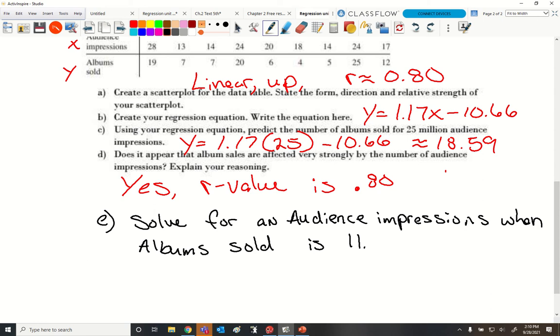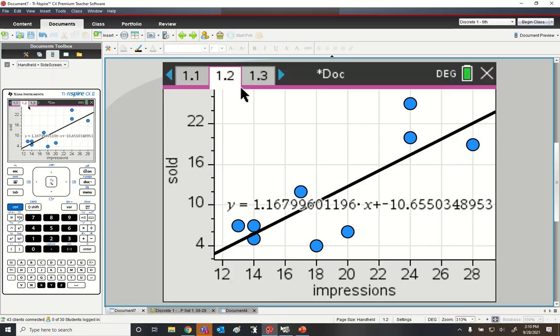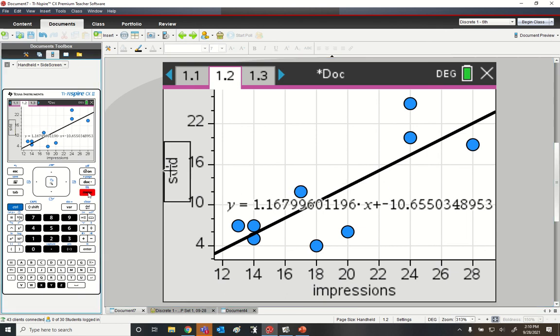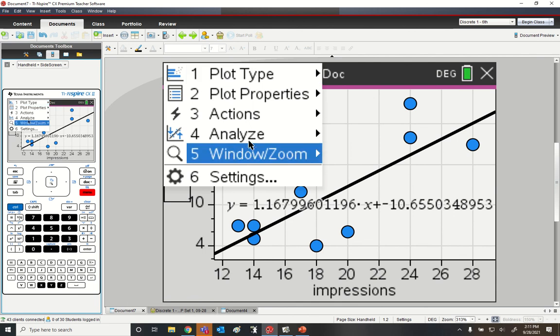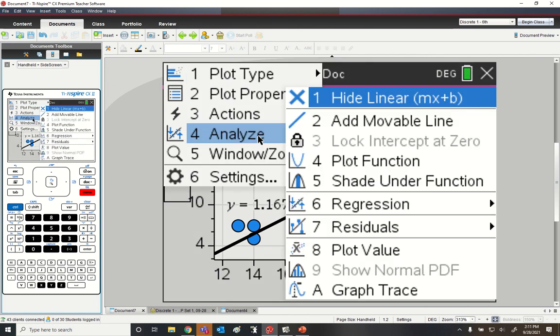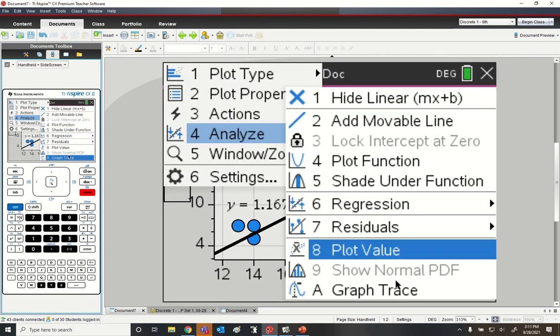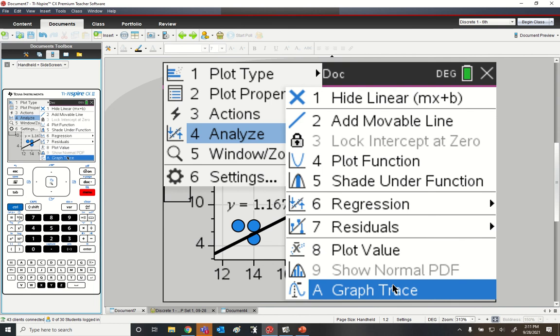So I'm going to use my calculator and I'm going to use trace. So I'm on my graph. And let's see, I'm going to go menu, analyze, graph trace. So write that down.